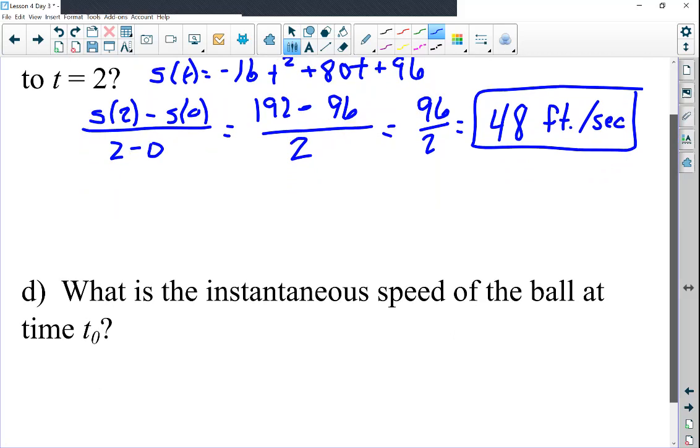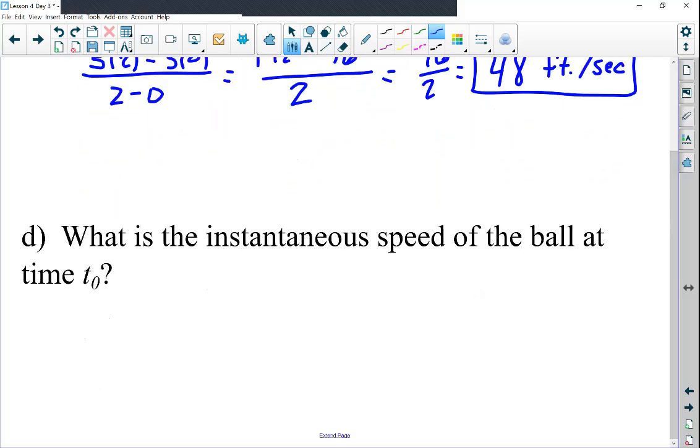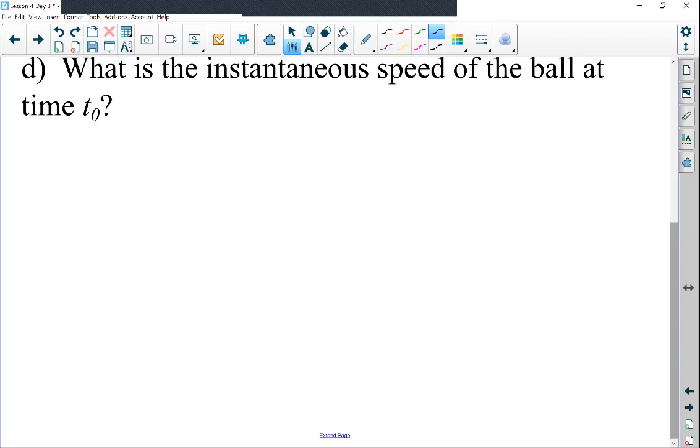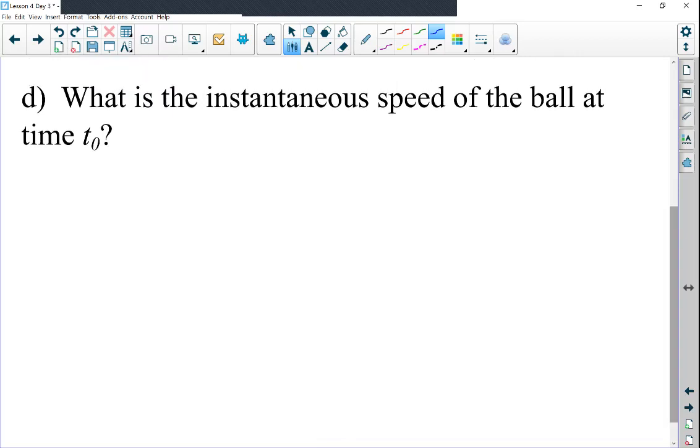And the reason is speed is only measured as a positive value. I don't think anyone says when they're backing up that they're going negative so many miles per hour. Same thing here. So our textbook uses the word speed. That's why I used it here. But just so you know, velocity is much more common.